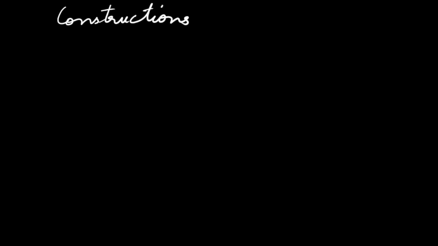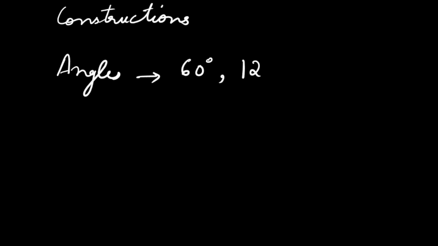Okay, then let's start. See, in construction, first of all, I'll teach you a few angles. So step by step we will do. First of all, angles. I'm not going to teach you all the angles, only a few. The angles I will teach you are 60 degrees and 120 degrees, because these angles are very important. If you know these angles, you will be able to draw 30 degrees also, 75 degrees, 150 degrees.